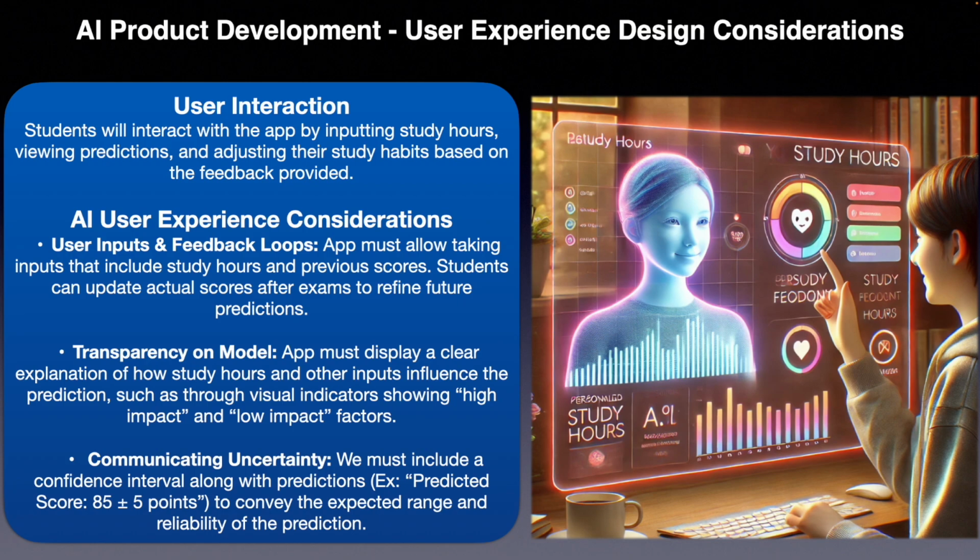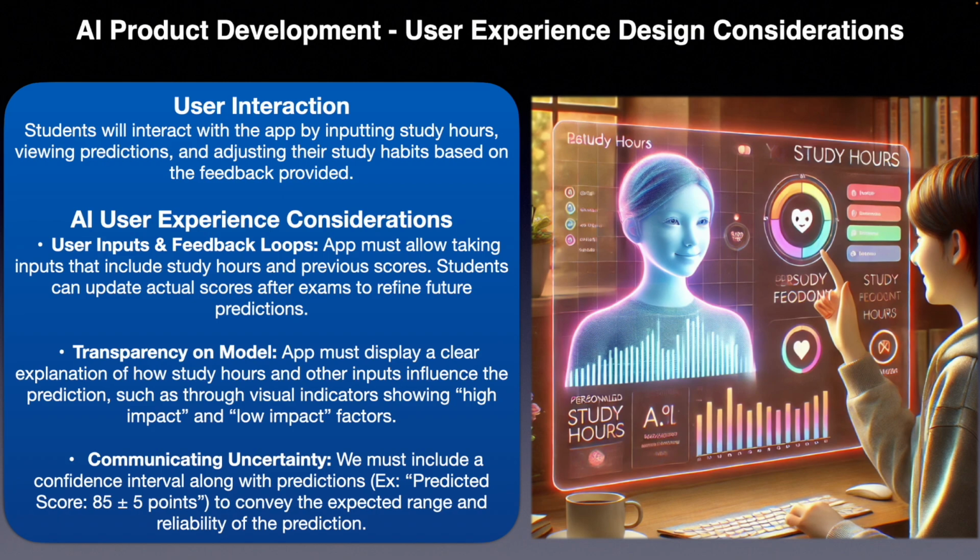It is also essential to communicate the uncertainty of the machine learning model used in the AI product, where the expected score is not provided as an absolute score but with a confidence interval, as applicable in our case.